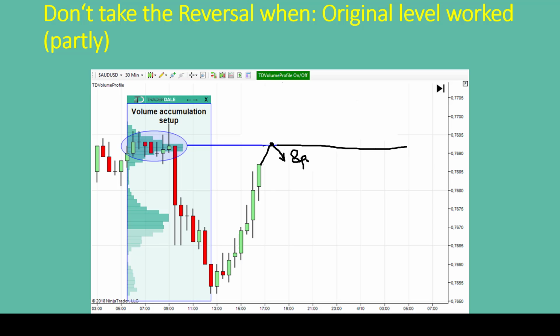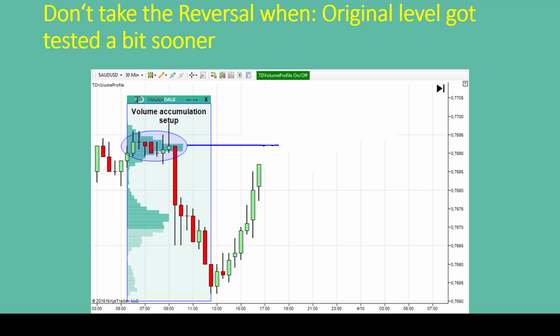Then if the price goes past the level, again you don't take the reversal, because the price already made a smaller reaction, so the level worked, and there's no point in trading the reversal. You only trade the reversal when the level doesn't get respected and the price goes past it.